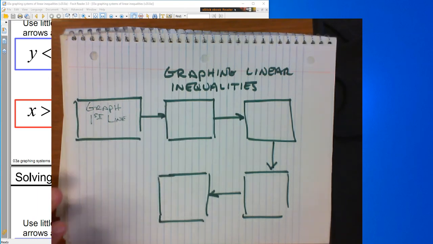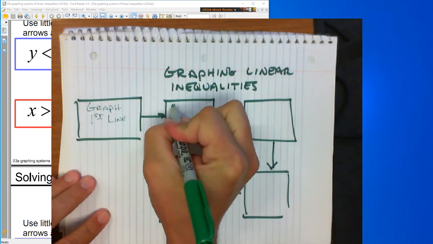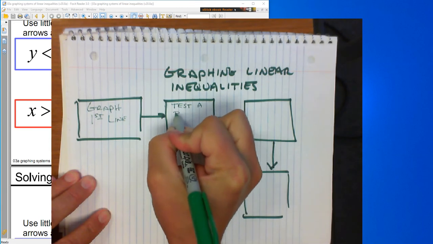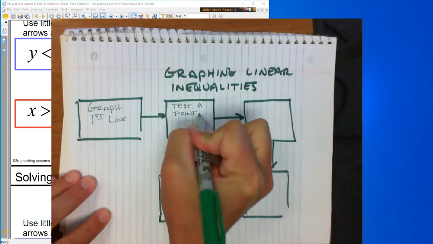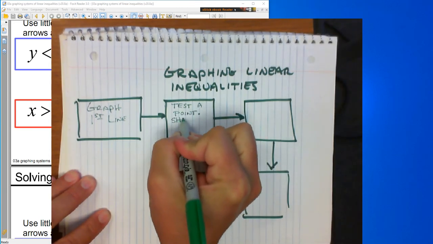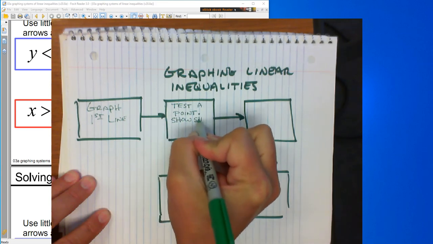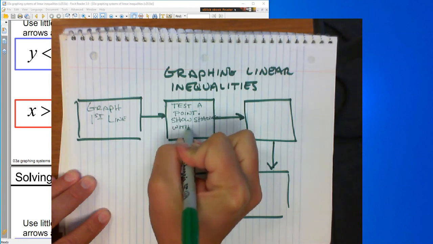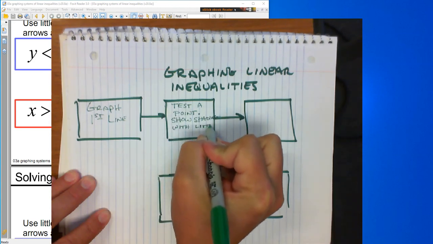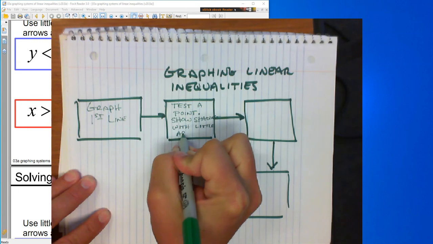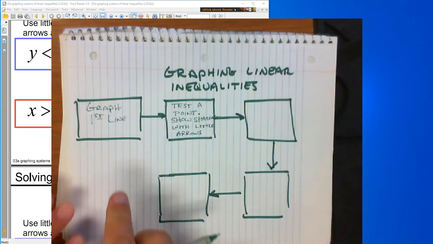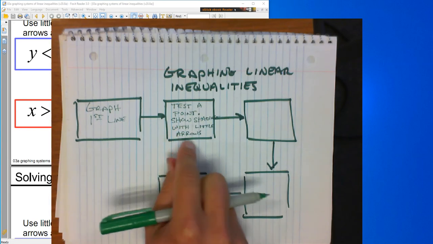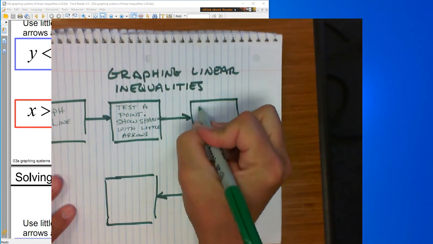Graph the first line. Test a point. Show shading with little arrows. So graph your first line, test a point, show shading with little arrows. Graph second line.